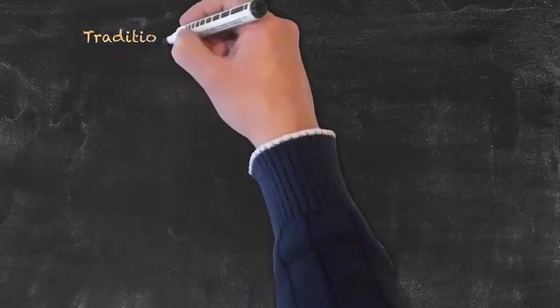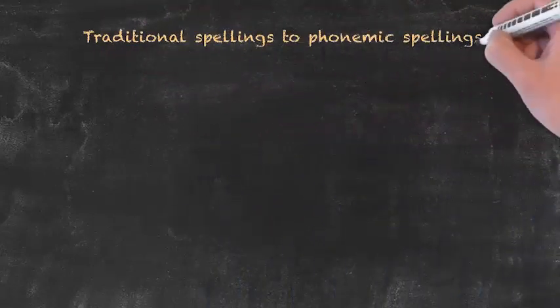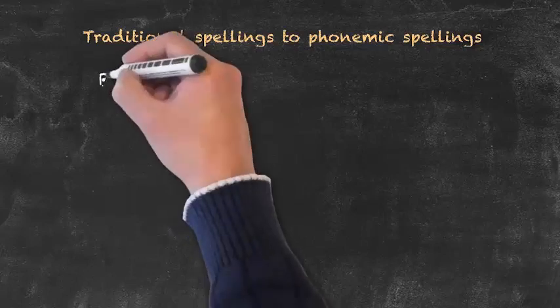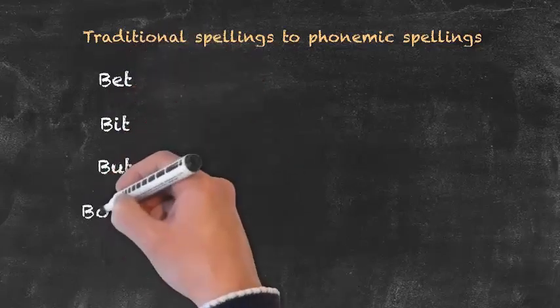Now let's take a look at how we go from traditional spellings into the phonemic spellings. The first step in this process is identifying each unit of sound, or each phoneme, within a word. Let's look at bet, bit, but, and bought.